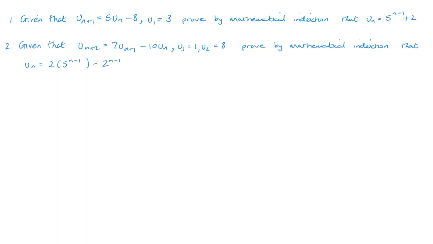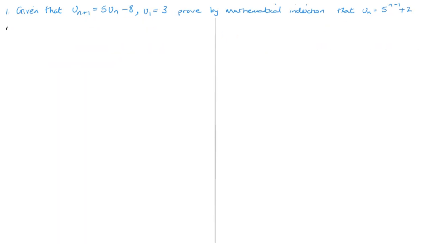And then now we look at the answers. Okay, so n equals 1 first of all. And we've got to show that u1 equals 5 to the power 1 minus 1, plus 2. So 5 to the power 0 is 1, plus 2 is 3.